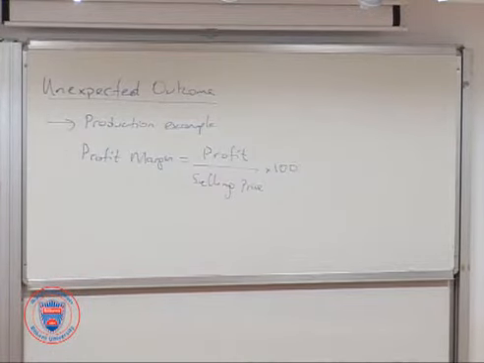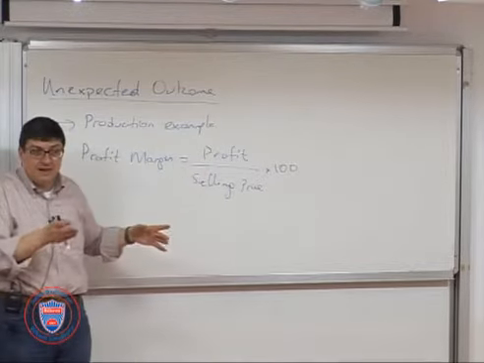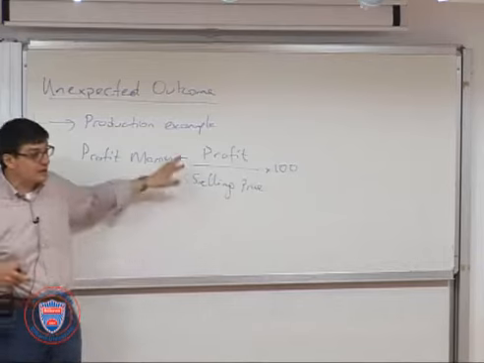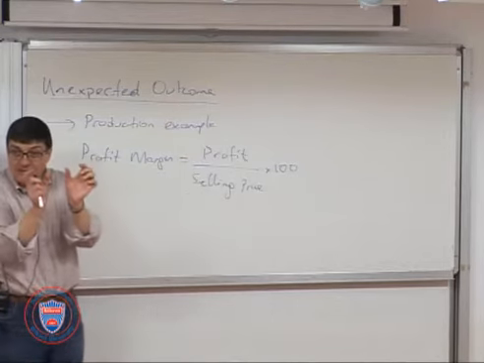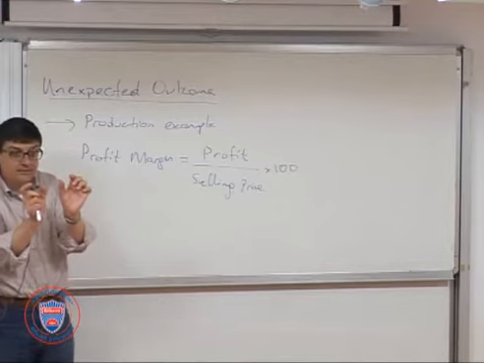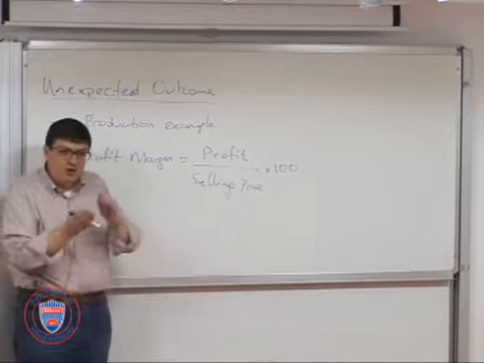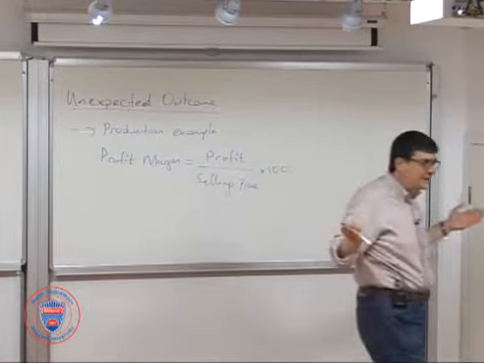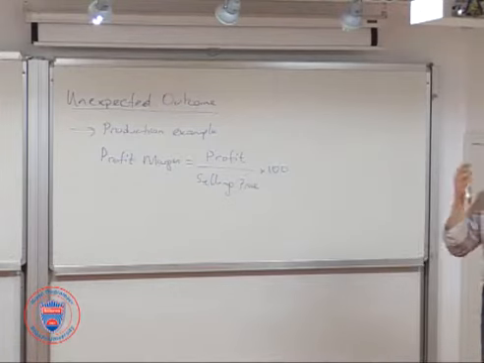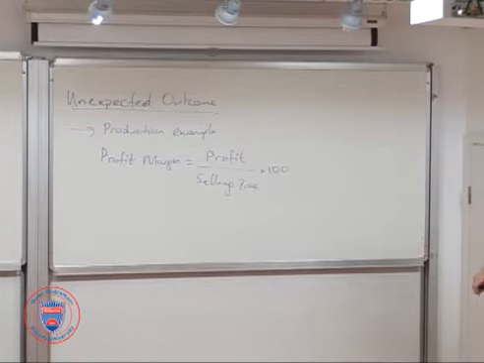Okay? So profit means selling price minus all the costs that are associated with manufacturing that item. So the remaining part is the profit. Divided by the selling price, which shows the relative value, actually. Because if you have multiple products, this is a good way of looking at different things.